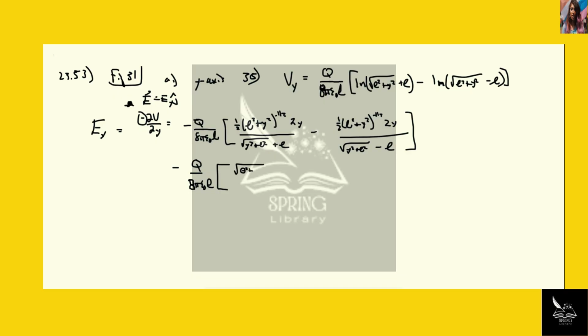Now we have a square root of L squared plus y squared times y over L squared plus y squared plus L, minus y over L squared plus y squared minus L. And if we combine like terms and actually subtract these off, this simplifies very nicely for us, surprisingly. And we're left with Q over 4 pi epsilon naught y square root of L squared plus y squared.